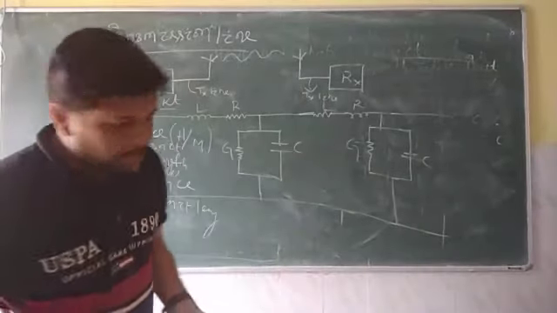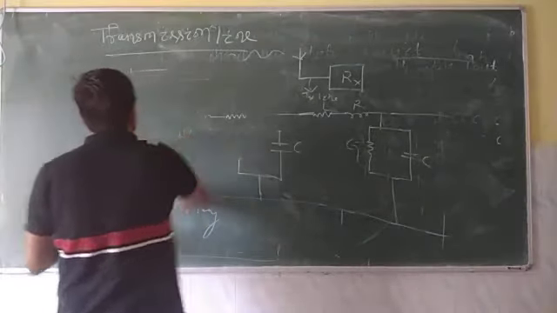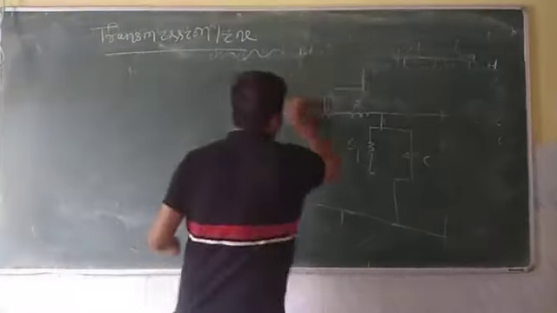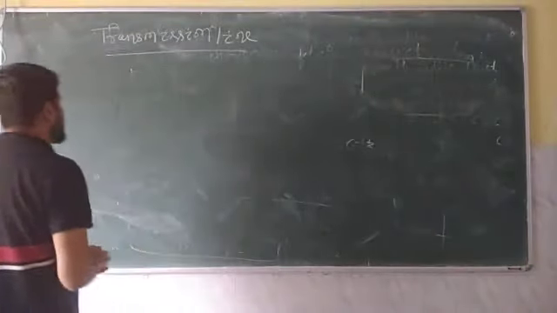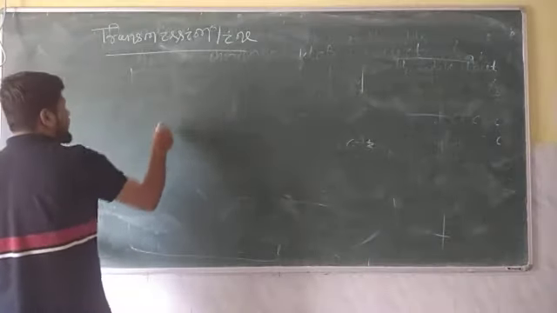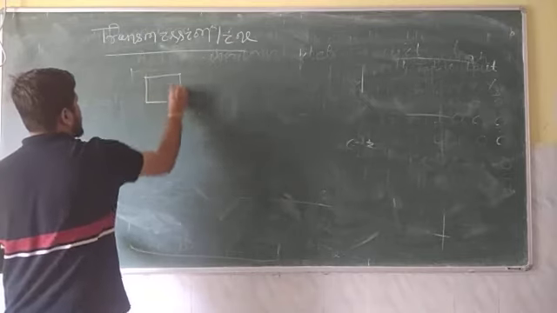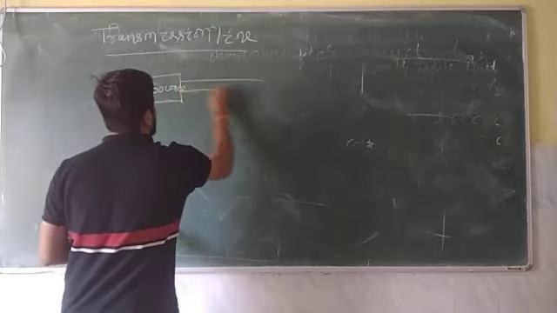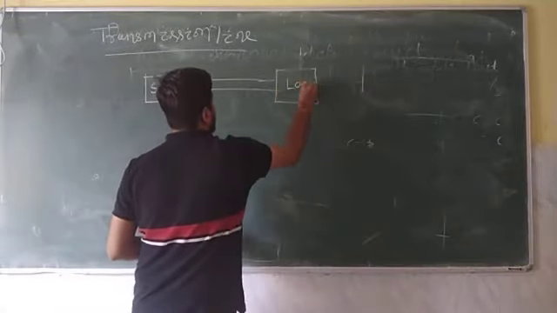So next we will see, these R, L, G, C are the primary constants of the transmission line. Then we will see the basic block diagram, the basic purpose, that is we have a source, and your two-wire transmission line is going to connect to the load.